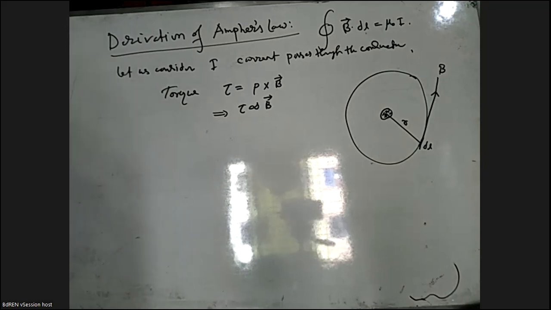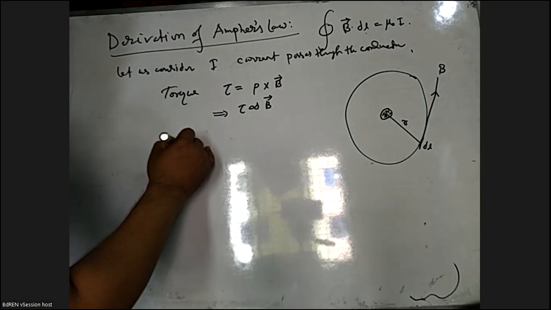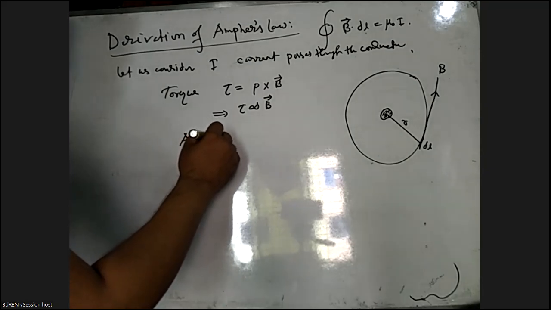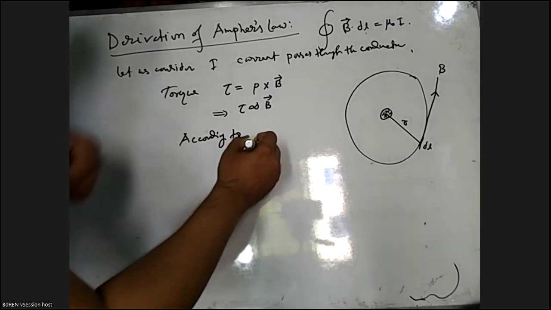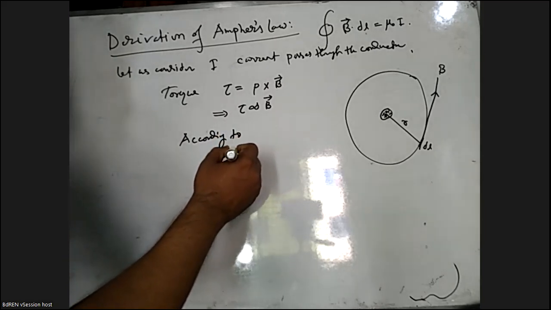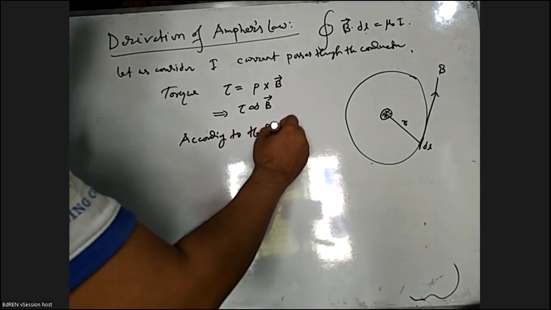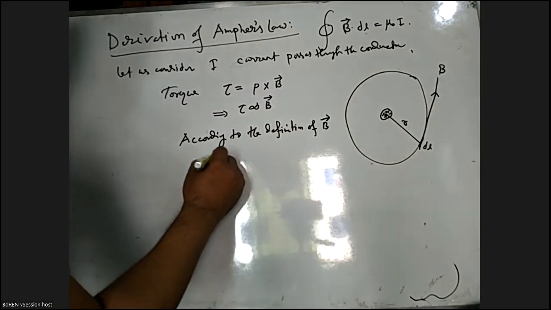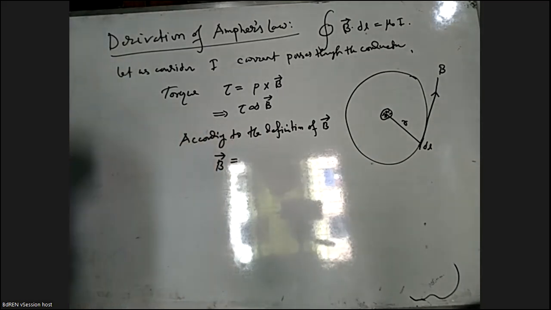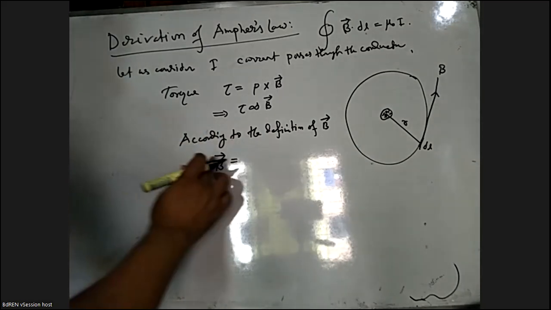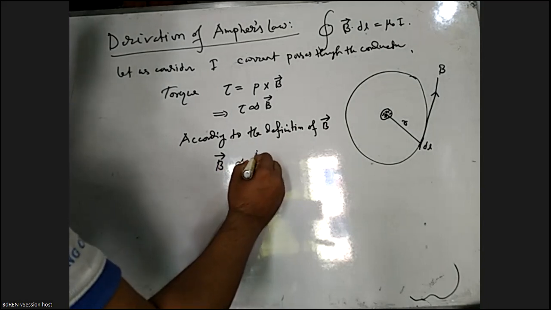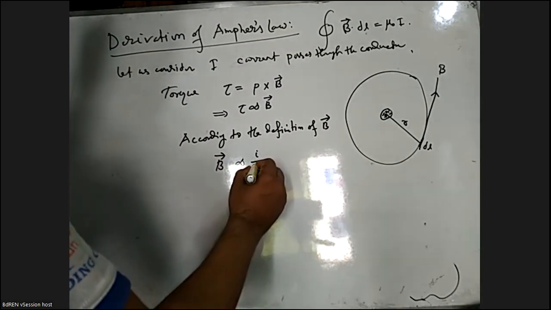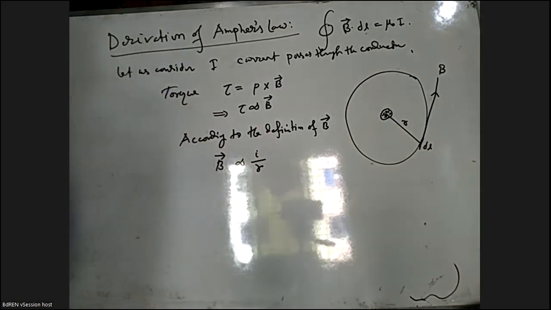On the other hand, according to the definition of B, the magnetic field is proportional to the current I, but inversely proportional to the radius, that means distance.